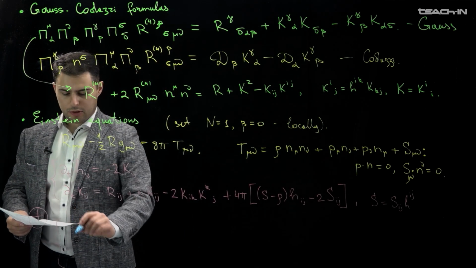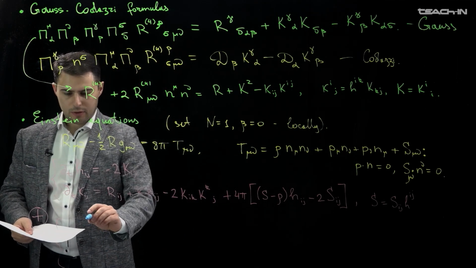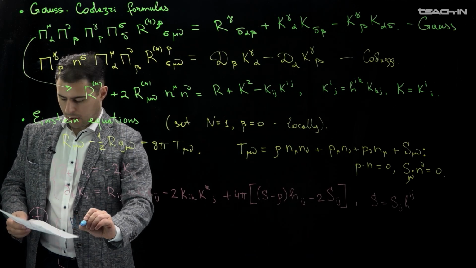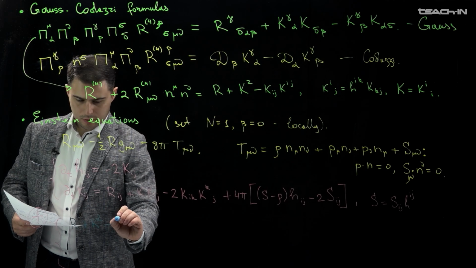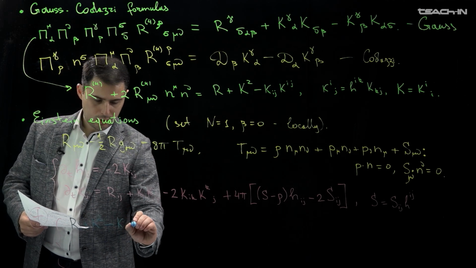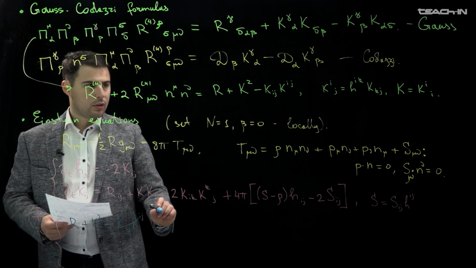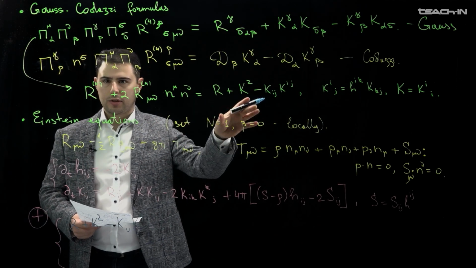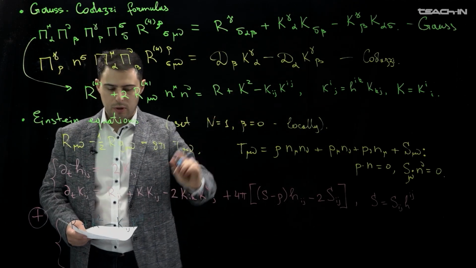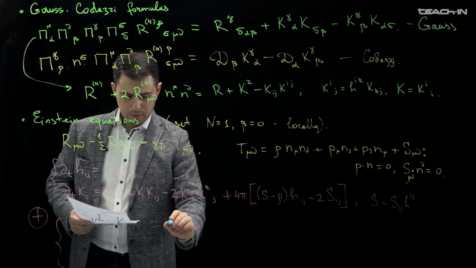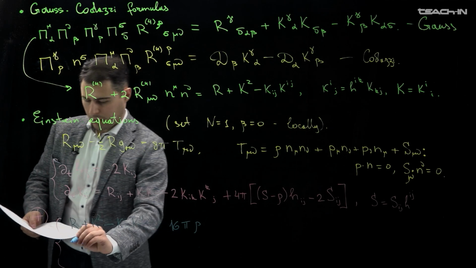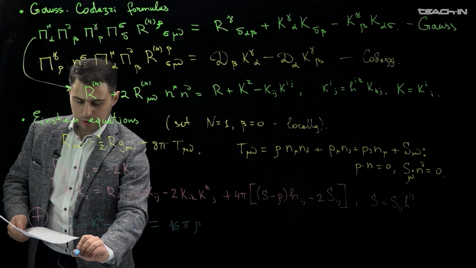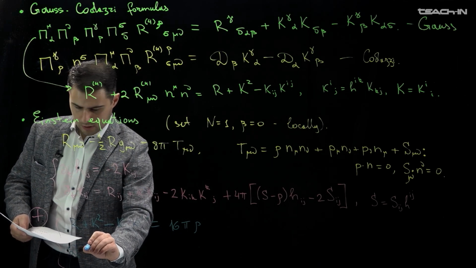The first constraint is a scalar, and it reads as follows, where we easily recognize the right-hand side of the contracted Gauss formula. And it equals 16 pi times the density. And we have the second constraint, which is a vector constraint.